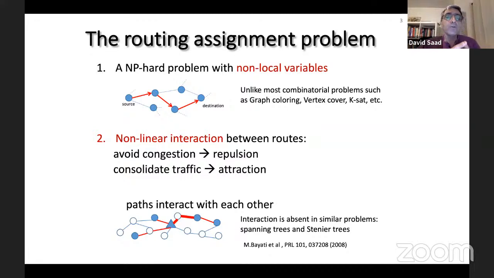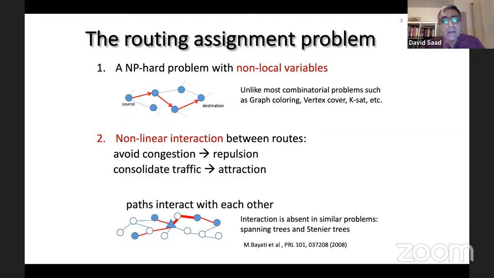Secondly, if you want to achieve some objective that is non-trivial, there is also non-linear interaction between the routes. For instance, if you want to avoid congestion, you want to spread the routes as much as possible over the network, and this means repulsion between the different routes. If, on the other hand, you want to concentrate on specific routes, you want to attract different routes in order to consolidate the traffic and maybe get rid of some edges that are not of interest.